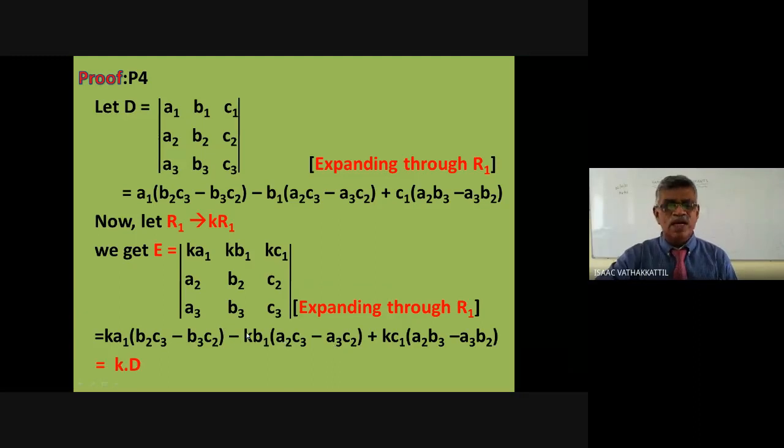If you take k out, what I am going to get is, from the previous step, nothing but D. So multiplying one row by k, you are getting k into D. If you multiply the second row with k again, it becomes k squared into D. If you multiply the third row with k again, it becomes k cubed. That means, if you have a 3 by 3 matrix and I multiply it with 2, I am multiplying each row with 2.